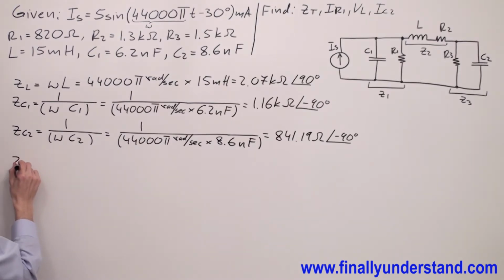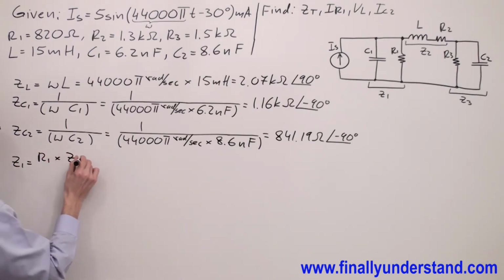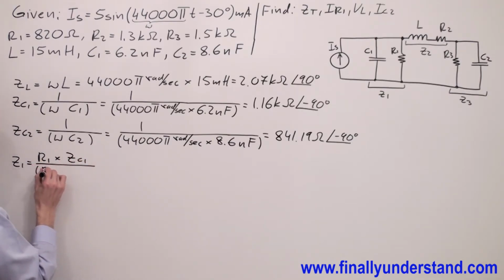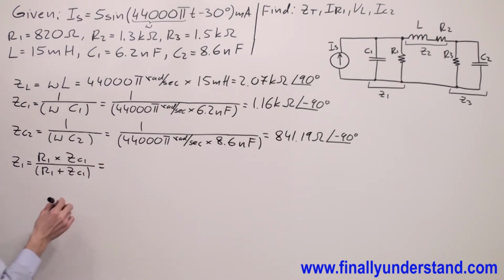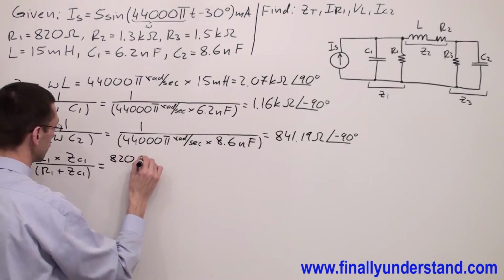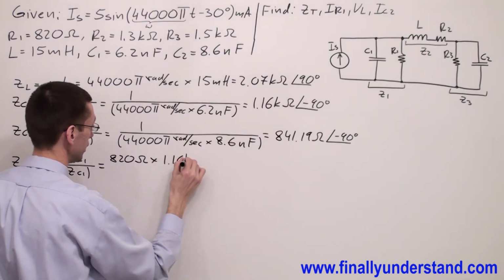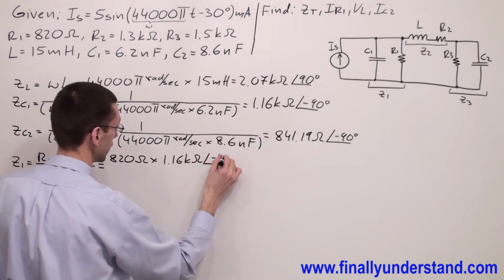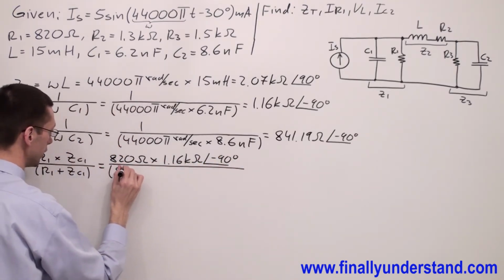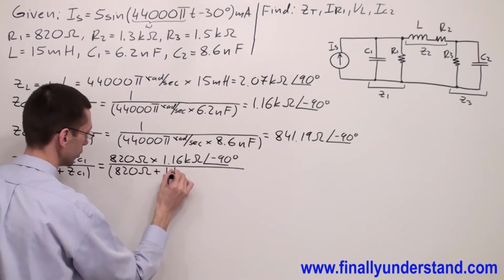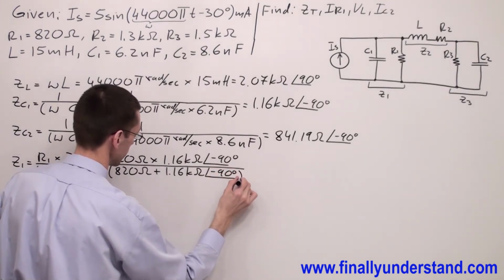So I have Z1 is equal to R1 times ZC1 over R1 plus ZC1, where R1 is equal to 820 ohms times ZC1, 1.16 kilo ohms and angle of negative 90 degrees over, open parenthesis, 820 ohms plus 1.16 kilo ohms and angle of negative 90 degrees.